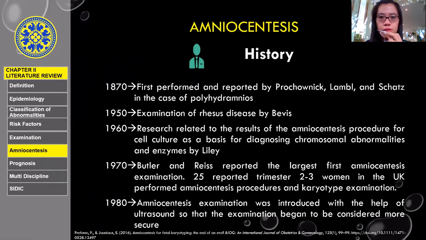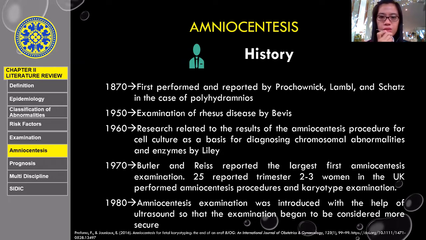The amniocentesis history. From the history of amniocentesis, in 1870 it was first performed and reported by Lambl in the case of polyhydramnios, and in 1915 improved by examination of rhesus disease by Bevis, and in 1956 research related to the amniocentesis procedure for cell culture as a basis for diagnosis of chromosomal abnormalities and enzymes by Lilly.